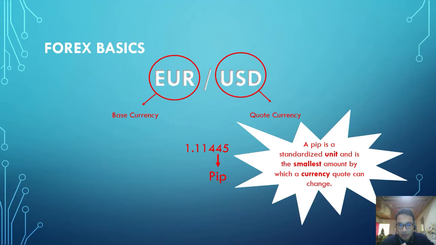The purpose of the brokers is only to have a more precise computation of the currency pair. But what you need to look at is only the pip, which is the fourth decimal place, and for Japanese yen, the second decimal place.